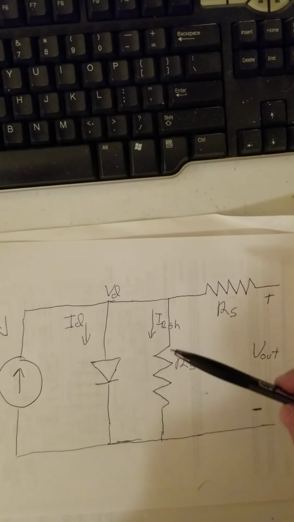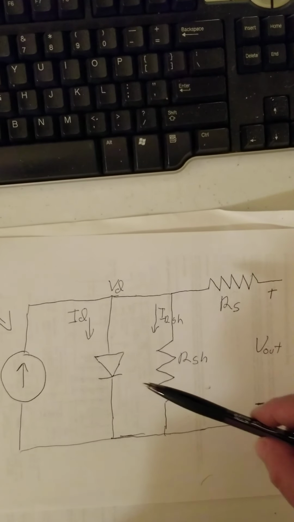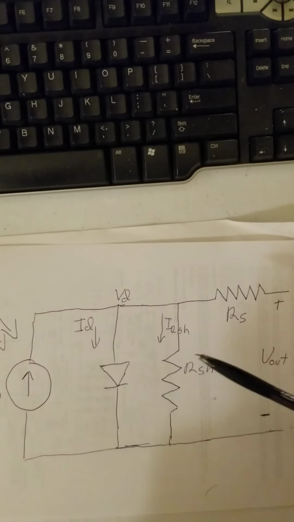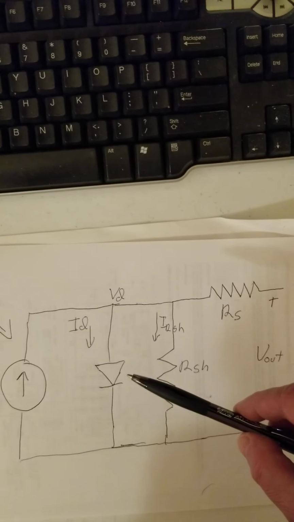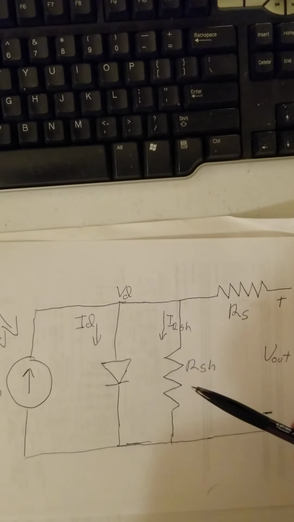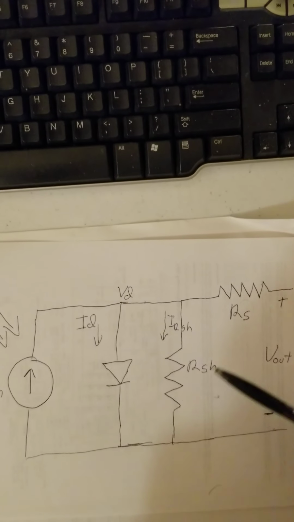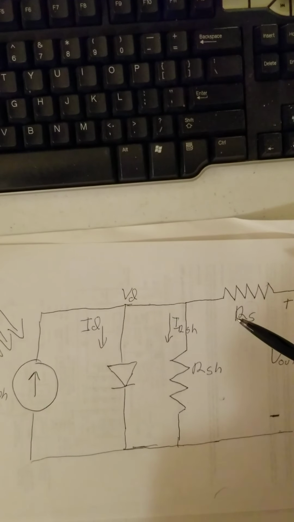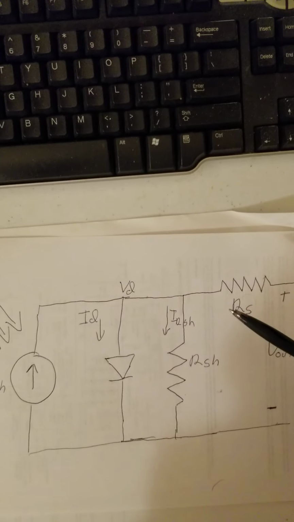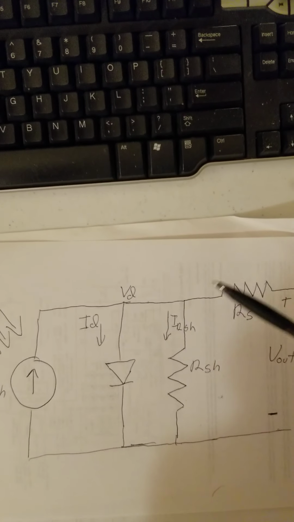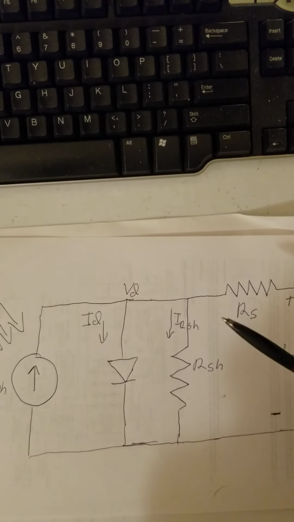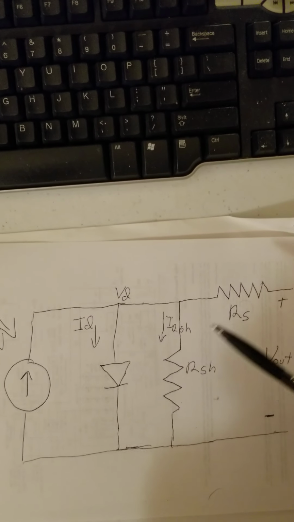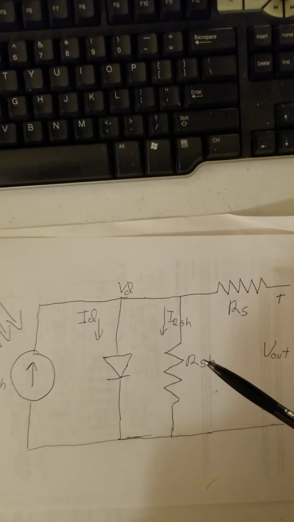This current is relatively fixed, okay, and the ideal model would set R shunt to infinity and R series to 0. And since this is usually a very, very small value, that's a pretty good approximation when testing things.